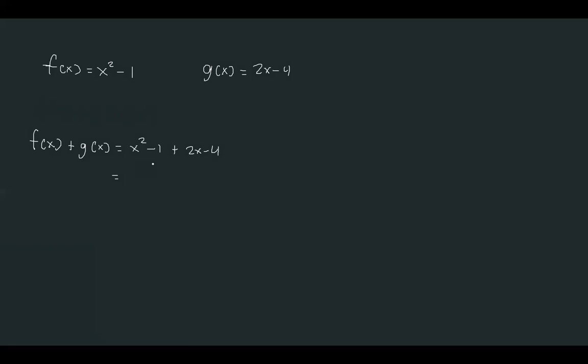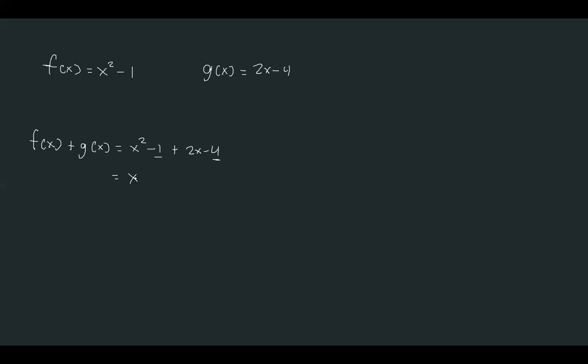By simplifying, we're going to combine the similar terms. As you can see, we have -1 and -4, and these two terms are similar because they are both constant terms. When we say constant terms, they do not have variables. They are just numbers. So we're just going to combine them.